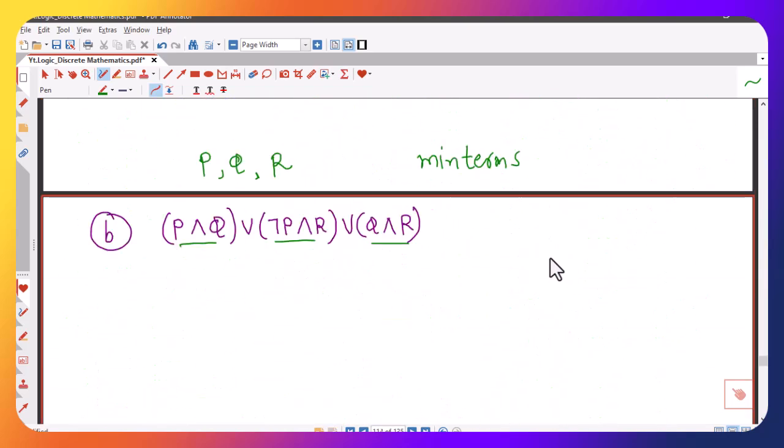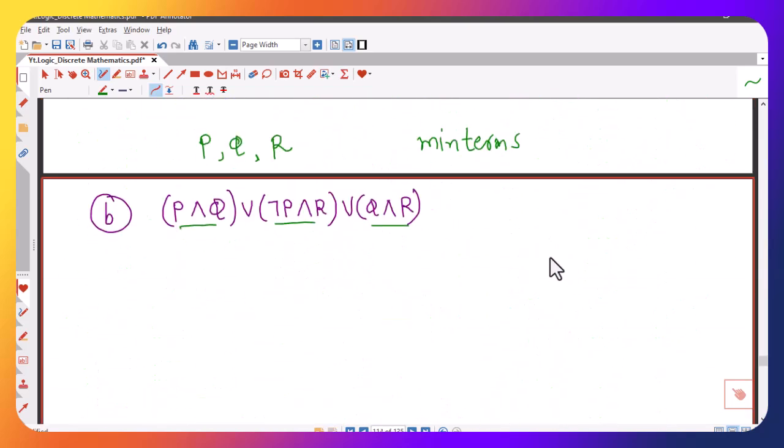Now if we have 3 variables, then we will make sure that in min terms we try to obtain 3 variables. You can see this is in disjunctive normal form. This is nothing but a sum of elementary products: p and q, negation p and r, q and r.